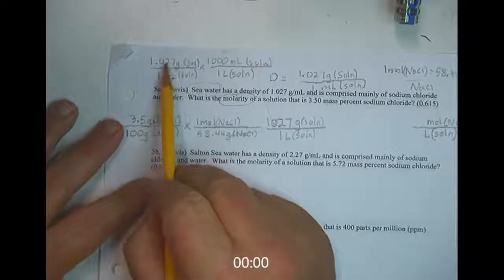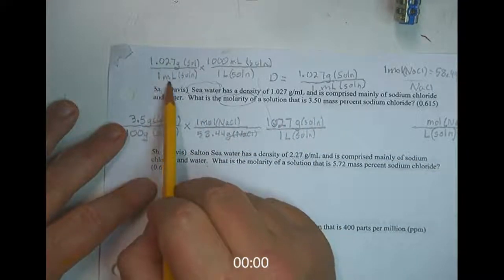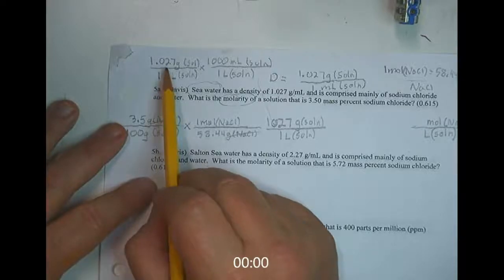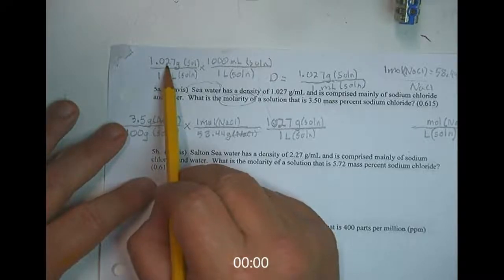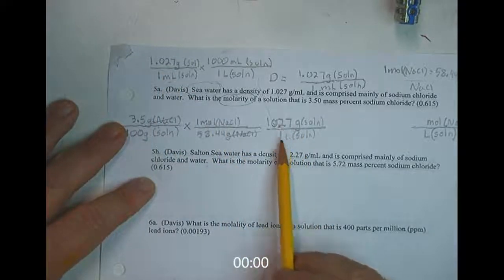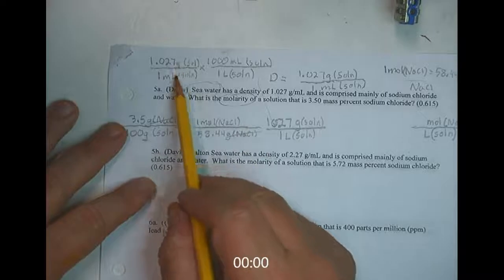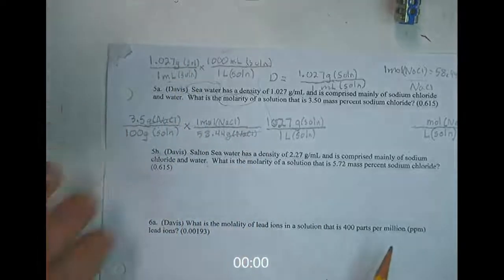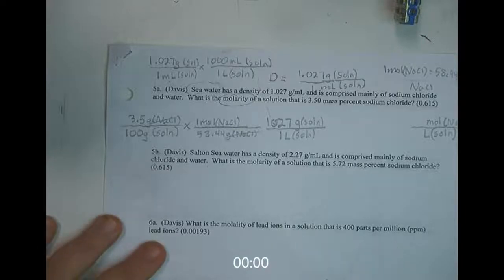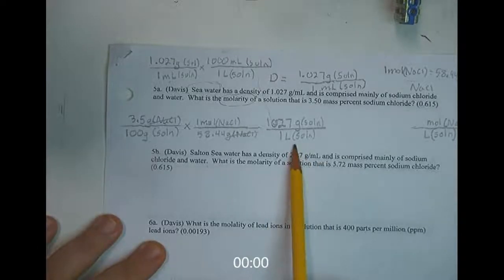If I had just a little over 1 gram for every milliliter, if I take 1,000 times this volume, I'm going to end up with 1,000 times this number of grams. So instead of 1.027, I end up with 1,027 for every liter. All I did was multiply both of these by 1,000 and converted it there.